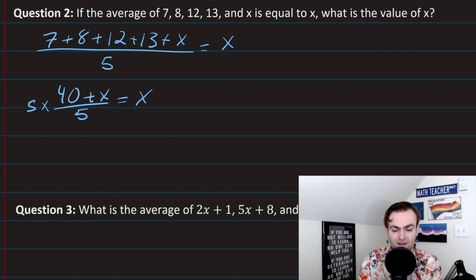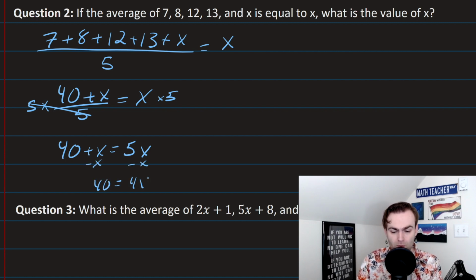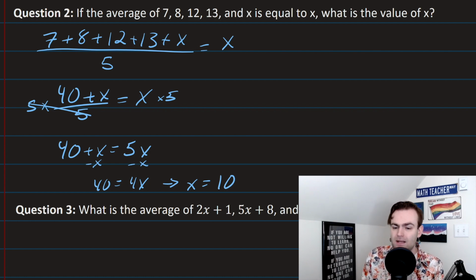So times 5, times 5. So we get 40 plus x is equal to 5x. Subtracting x from both sides, we get 40 is equal to 4x, which means that x is equal to 10 when we divide both sides by 4. And that works out, and that's great.